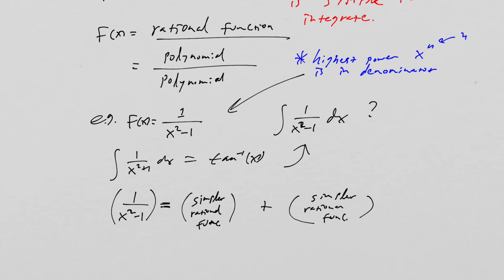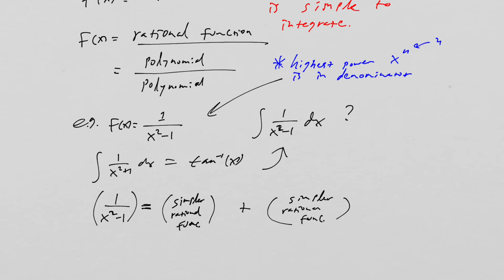And in doing so, what we're going to try to do is utilize a neat property. We'll be able to recognize these simpler ones, and the idea is that these simpler ones, of course, will have easy antiderivatives.